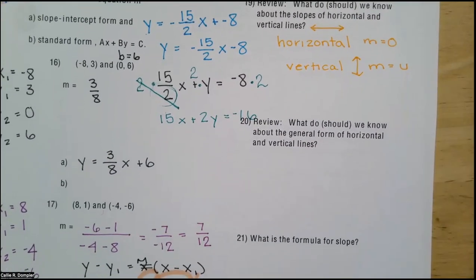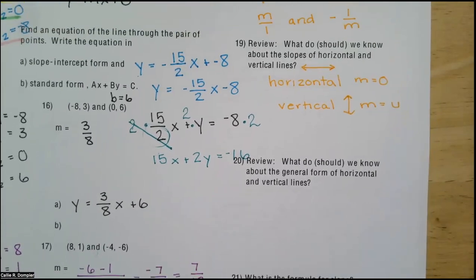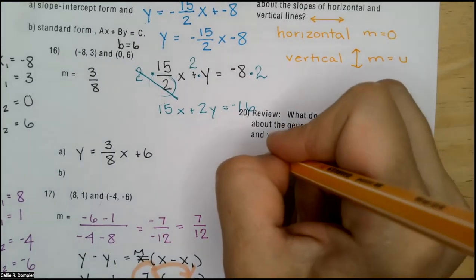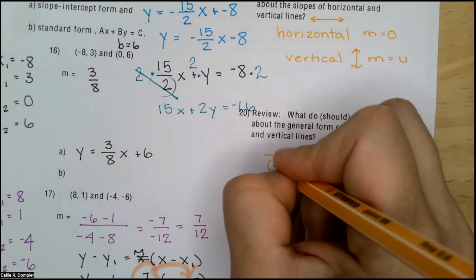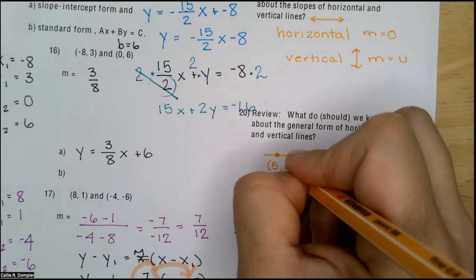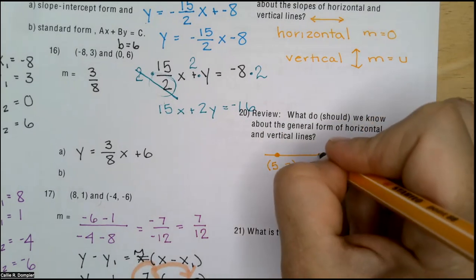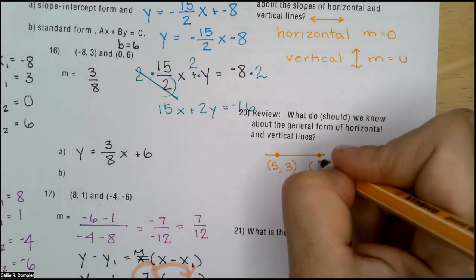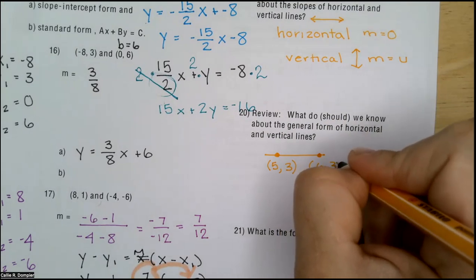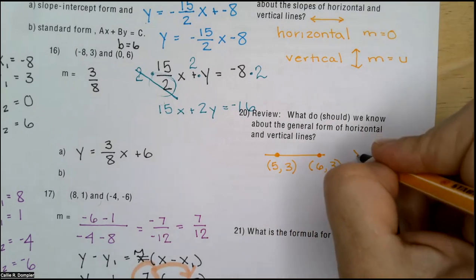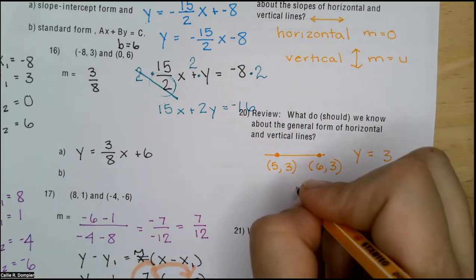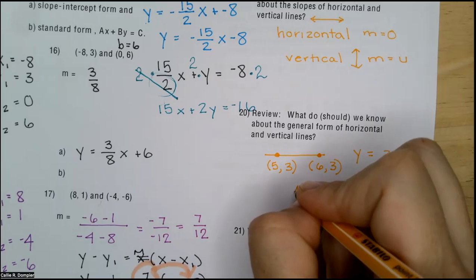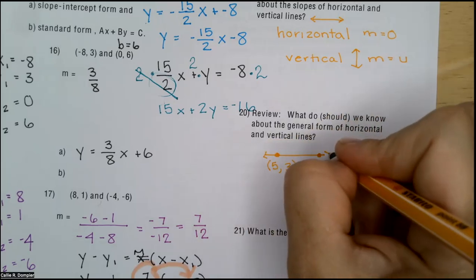Good. And the general form of horizontal, so horizontal would maybe be (5, 3), right? And then this is going to be (6, 3). So if we imagine it, what's staying the same? y is staying the same. And then vertical, again, you can make up a point.